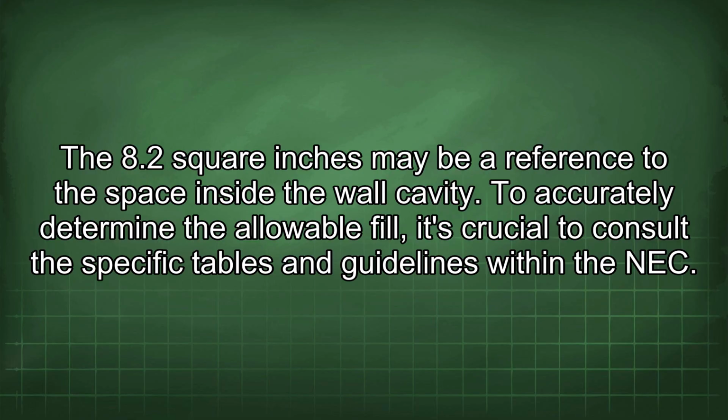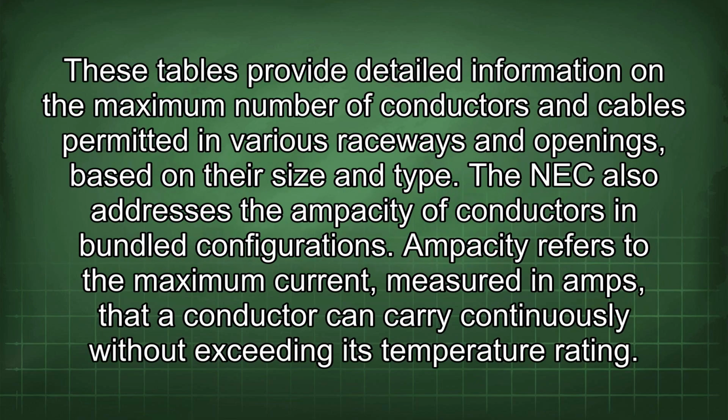To accurately determine the allowable fill, it's crucial to consult the specific tables and guidelines within the NEC. These tables provide detailed information on the maximum number of conductors and cables permitted in various raceways and openings based on their size and type. The NEC also addresses the ampacity of conductors in bundled configurations.